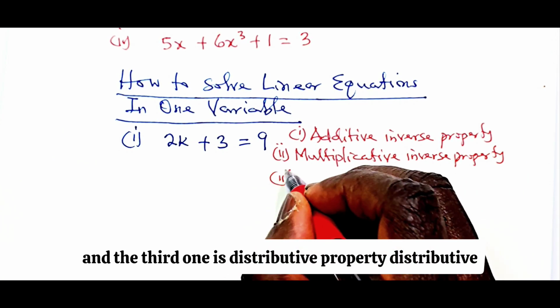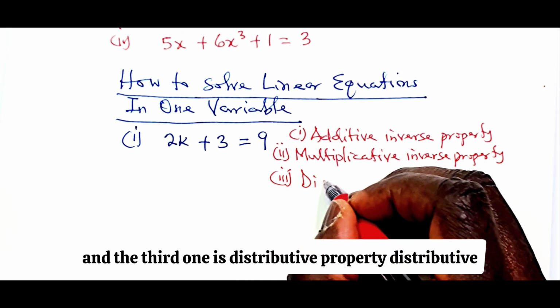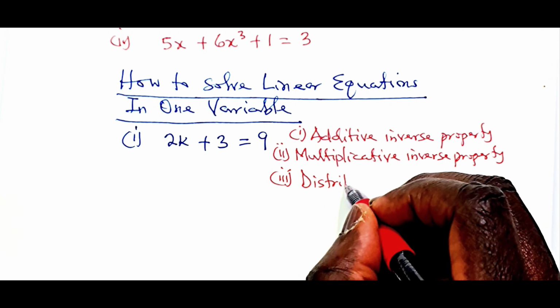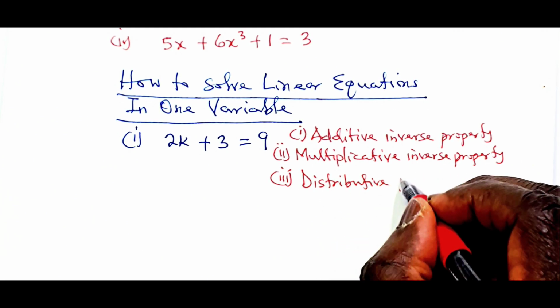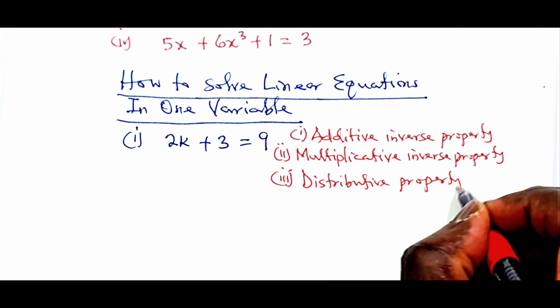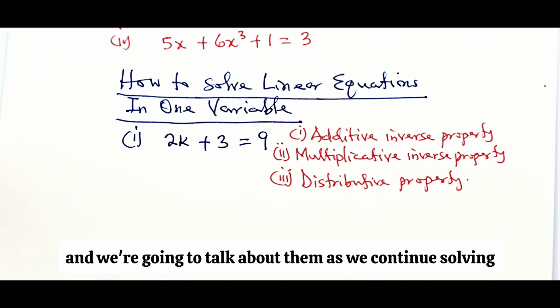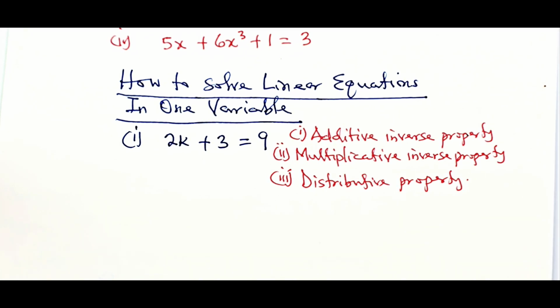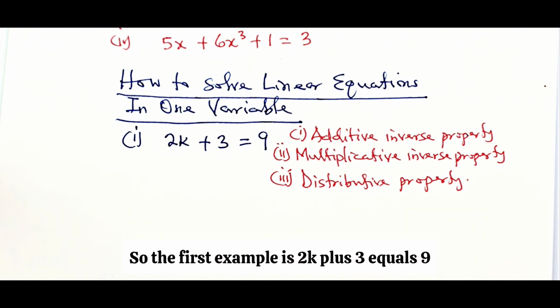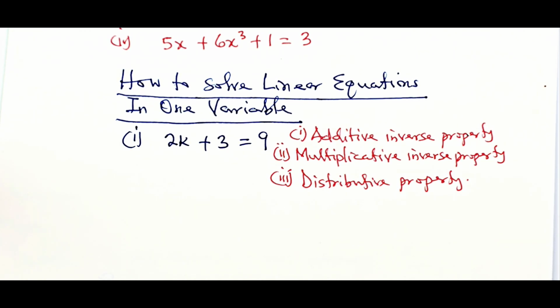And the third one is the distributive property. We're going to see them and talk about them as we continue solving the examples. So the first example is 2k plus 3 equals 9.